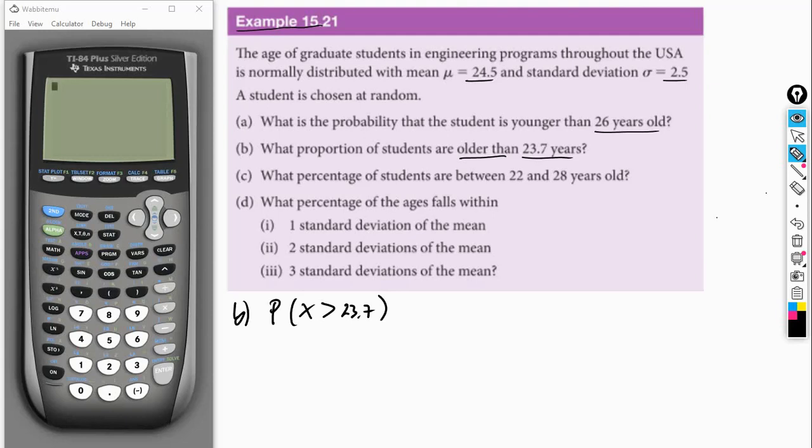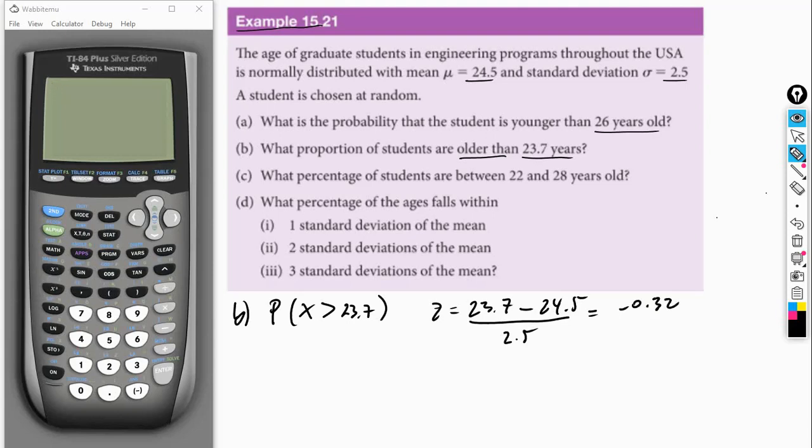Let's turn this into a z-score. The z-score for this case is going to be 23.7 minus 24.5 divided by 2.5, and this is going to give us minus 0.32.